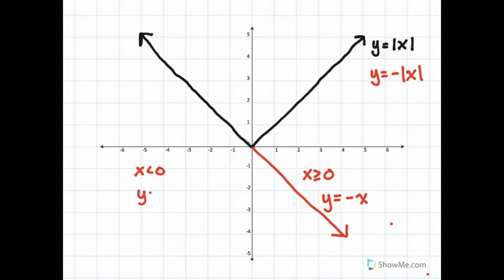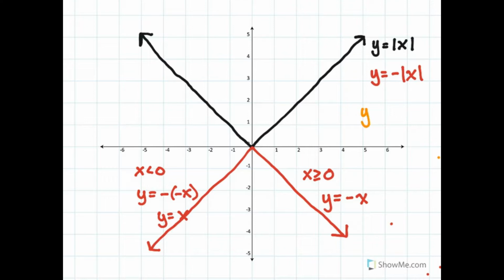So I have y equals negative of negative x, which is the same as y equals positive x. That graph looks like this line of the V. And so the V has flipped over when I have a negative in front of the absolute value. It now faces down instead of up.